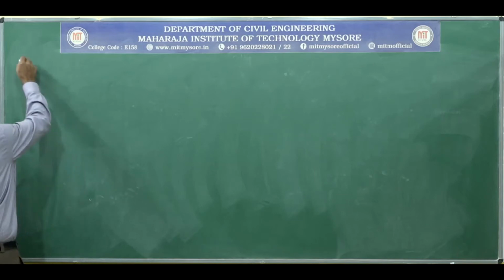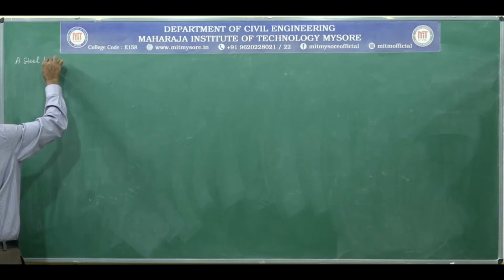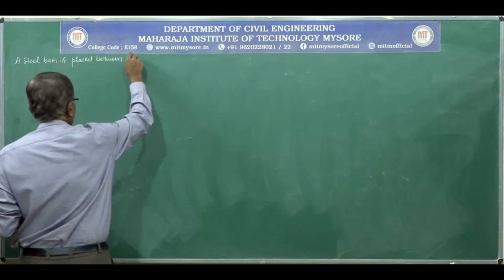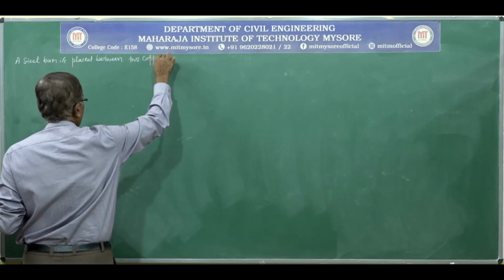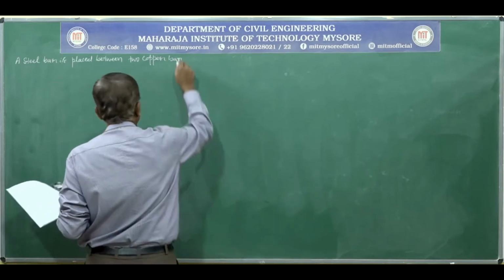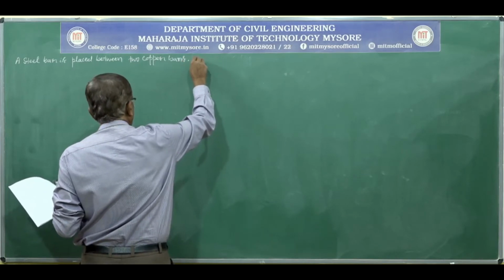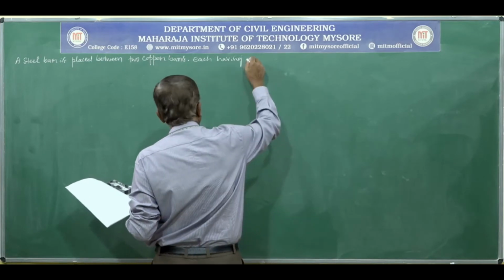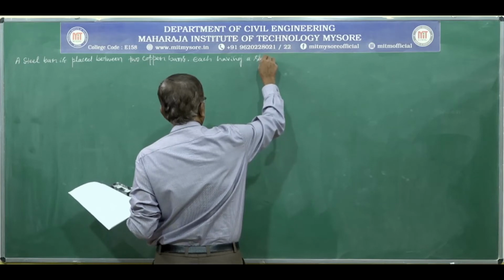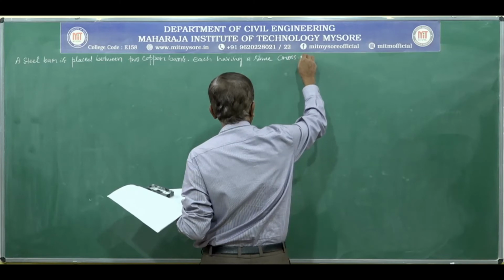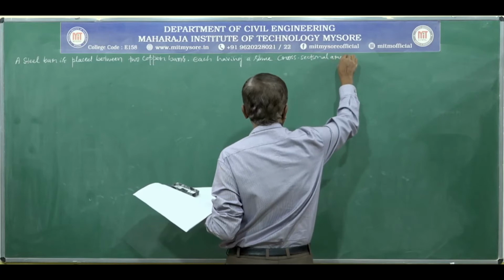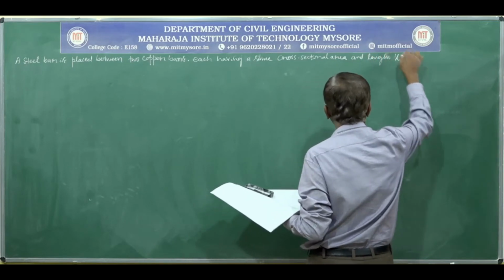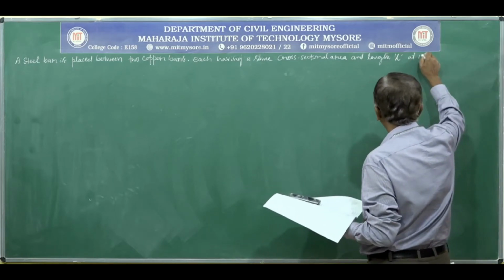A steel bar is placed between two copper bars, each having the same cross sectional area and length L at 15 degree centigrade.